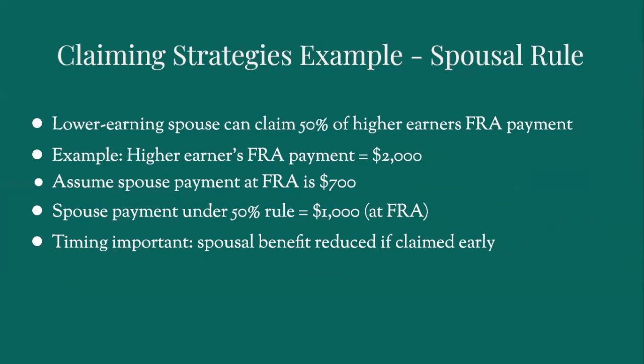Under the 50% rule, the spouse can take $1,000 at their FRA. So timing is important. The spousal benefit is reduced if they claim it early. So once again, it goes back to the FRA. If you have a spouse who is lower income, they can claim up to 50% of the higher income spouse at their FRA if you wait till your FRA.